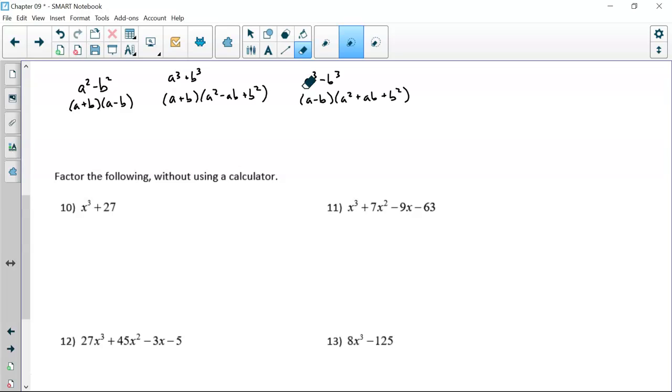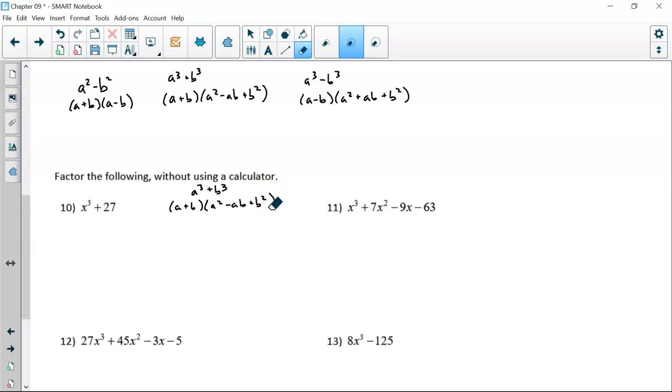So if we look at problem number 10, x cubed plus 27, that's in the form of a cubed plus b cubed. So it's going to be a plus b, a squared minus ab plus b squared.